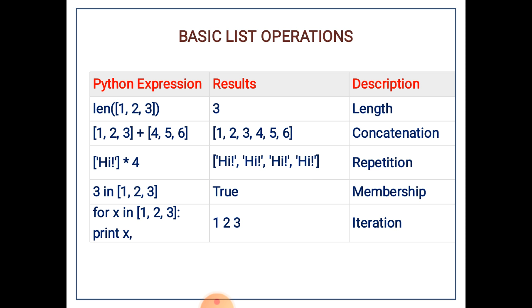Basic list operations: len gives the length of a particular list; the plus symbol is used to concatenate any two lists; the multiplication symbol is used to repeat a list; the in operator is used to find a particular element in a list, called the membership operator; the for-in operator is used for iteration, which is similar to the for loop in the C language.